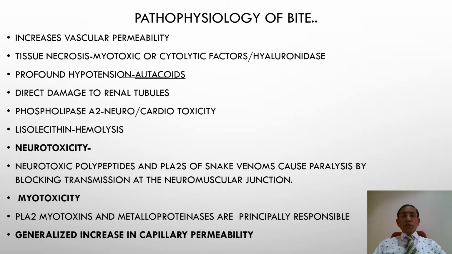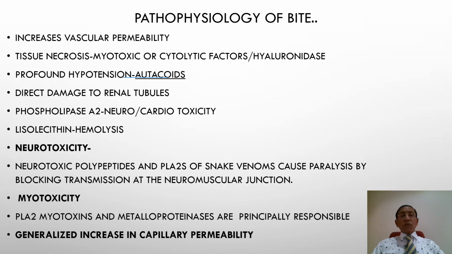The pathophysiology is that there is increased vascular permeability in general. There is tissue necrosis because of myotoxic or cytotoxic factors and hyaluronidase. Some autacoids cause profound hypotension. There are also toxins that directly damage the renal tubules.